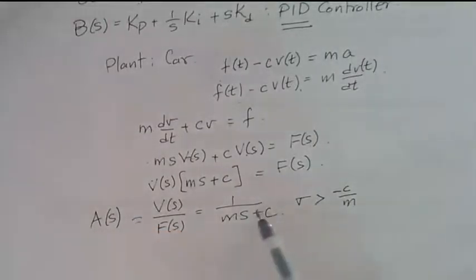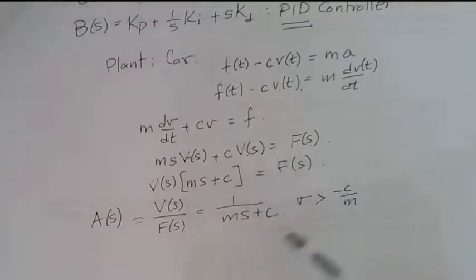And then for B(s), I used the PID controller. Then I simulated what would happen if I set a speed of 40.5 miles per hour, which worked out to about 18 meters per second. And I simulated this for different values of Kp and Ki.